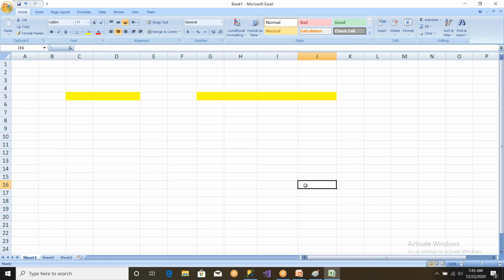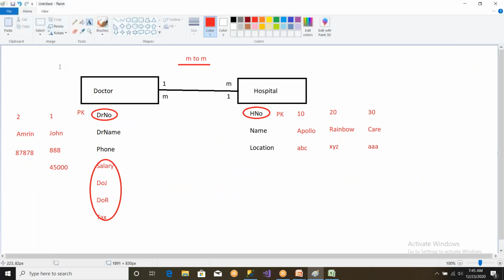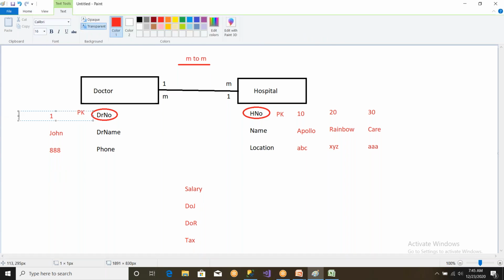Let us see. Wherever you have this kind of issue, because of many to many, you need to take these values and put them in a separate table. You have a lot of entries here, like Amrin and some phone number.